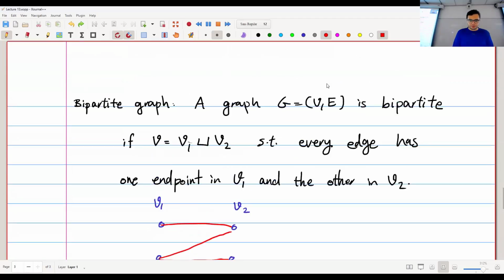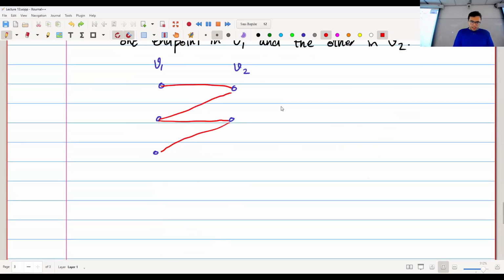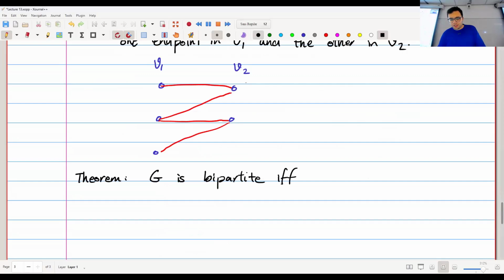Okay. Now I want you to prove this famous theorem. A graph G is bipartite if and only if it has no odd cycles.